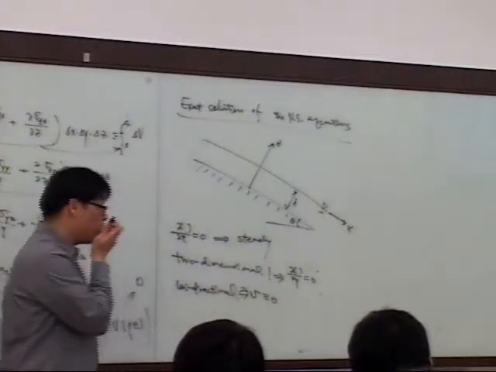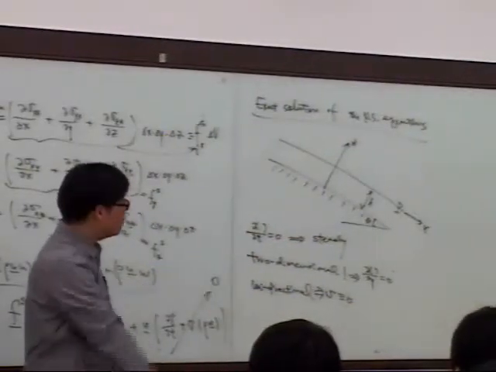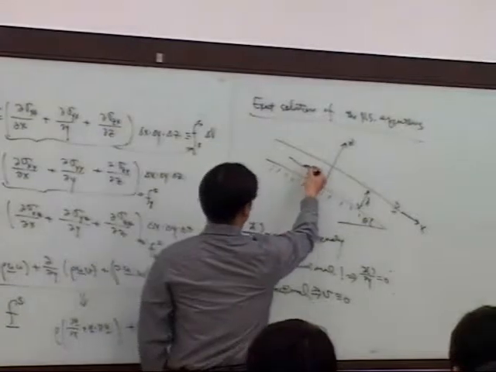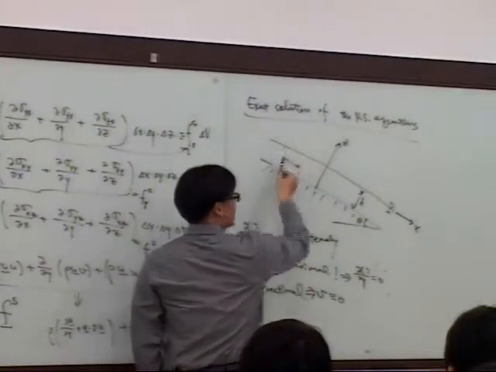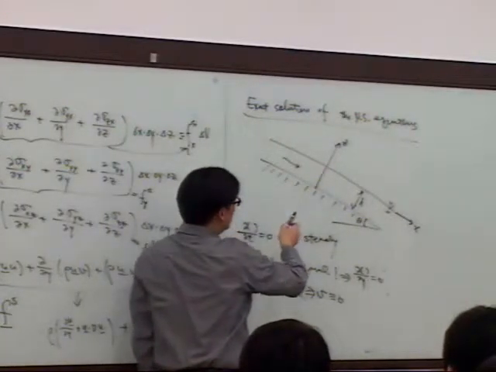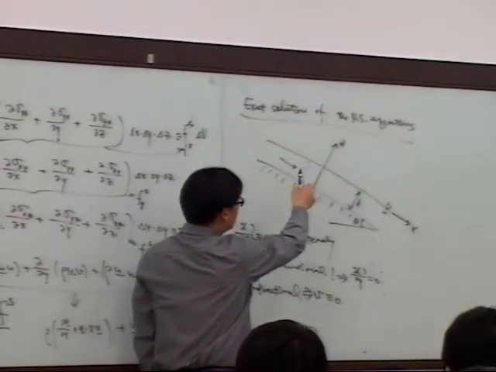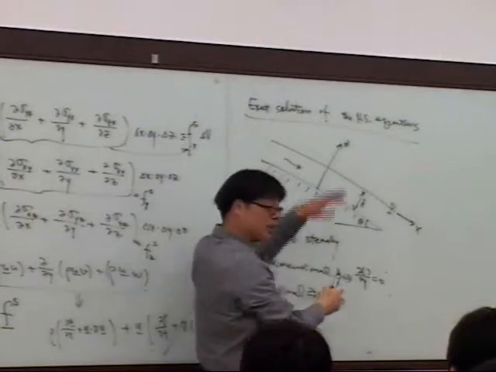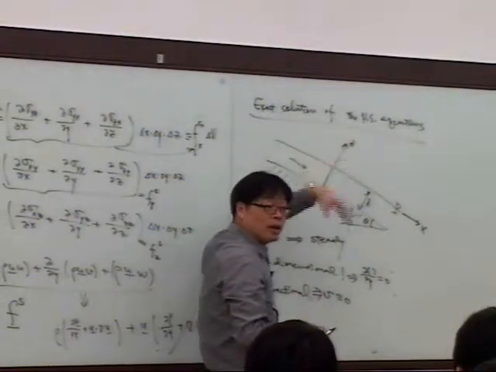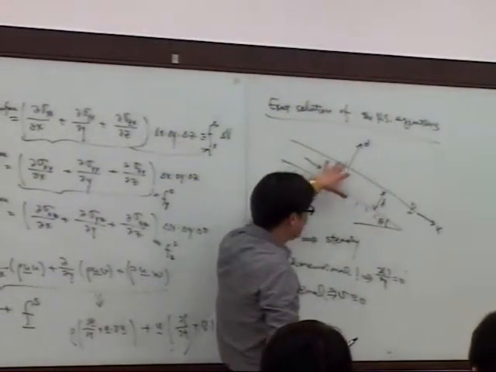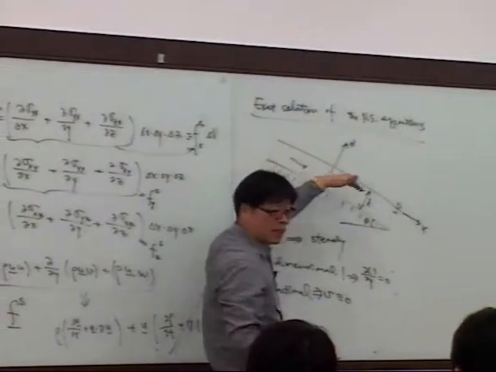So I have only the x component, the flow is going in this direction, but there is no flow in the y direction. What happens if I have flow in the y direction? Then the free surface will move. So to avoid that, I assume the flow is only in the x direction.